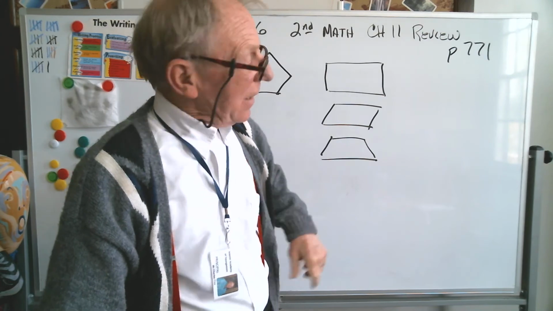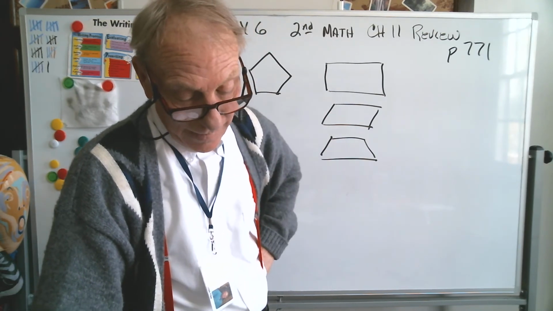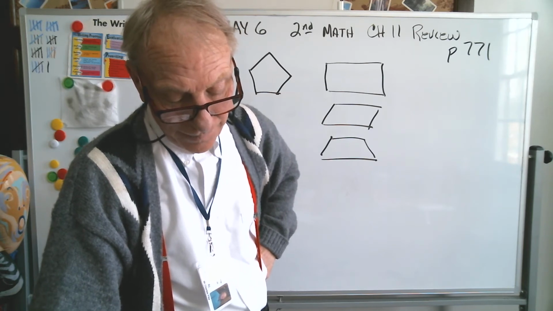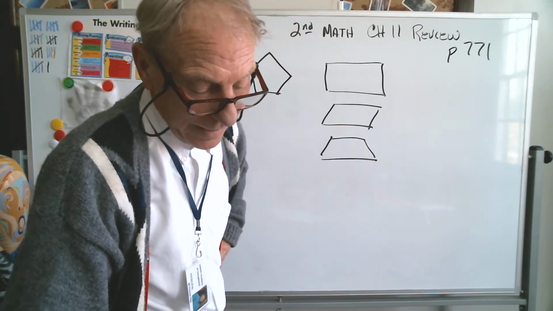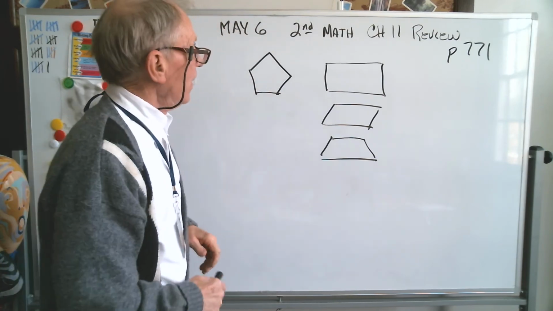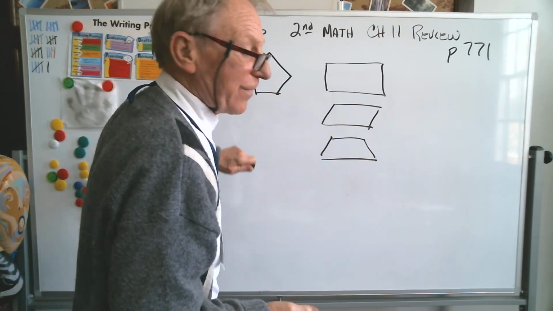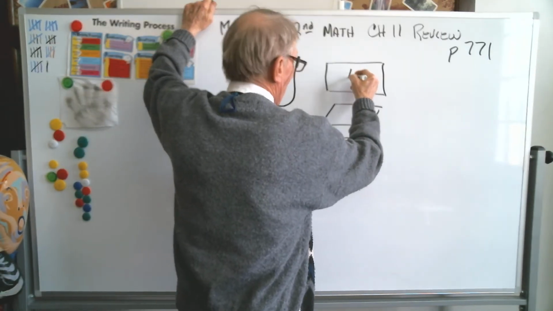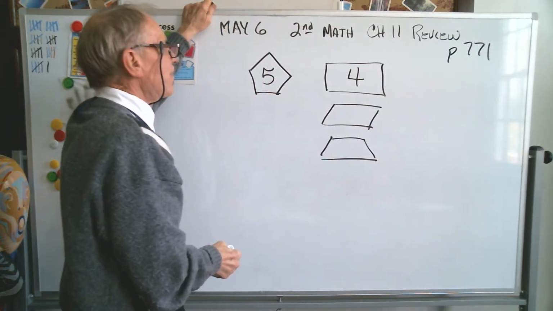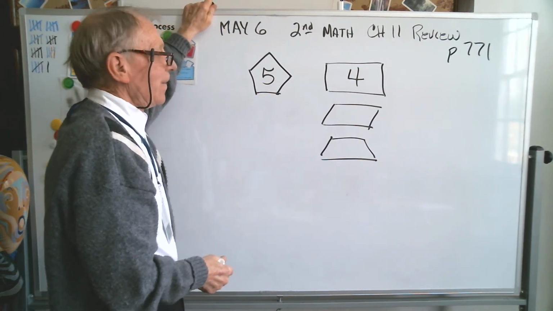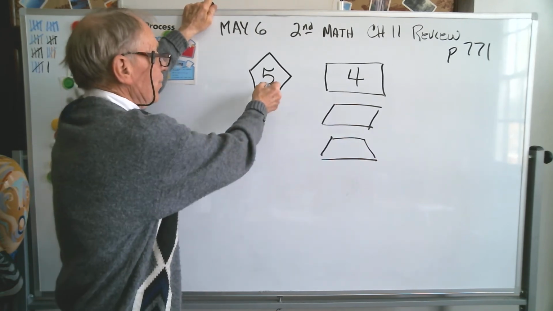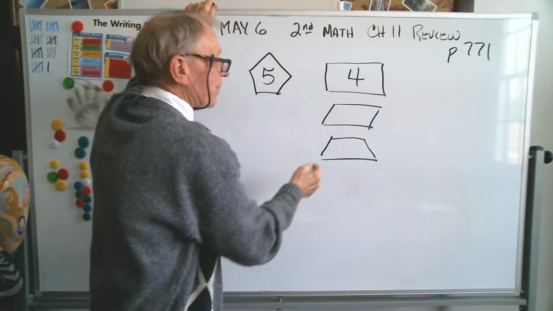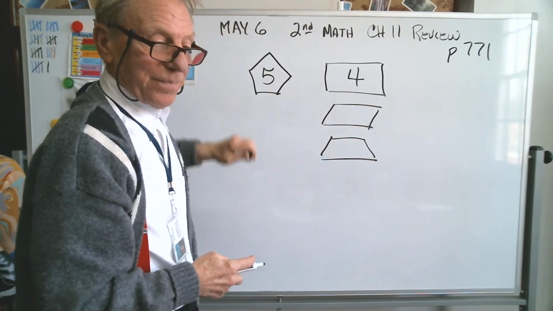She made a pentagon and a quadrilateral using toothpicks. She uses 1 toothpick for each side of a shape. How many toothpicks does she need? Well, if an object has 5 sides, a pentagon, and a quadrilateral has 4 sides, then she's going to use 5 toothpicks for this one and 4 toothpicks on the other one.